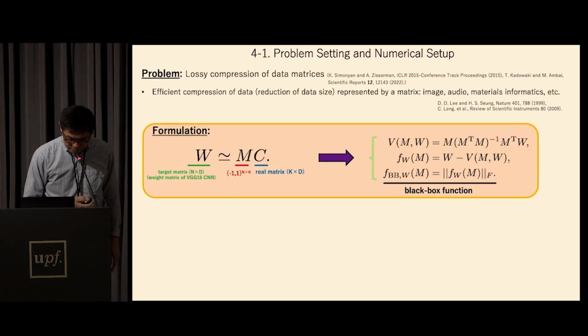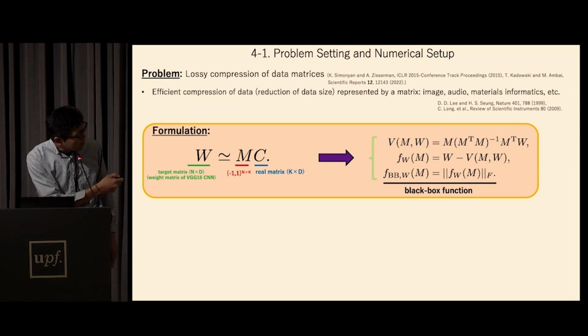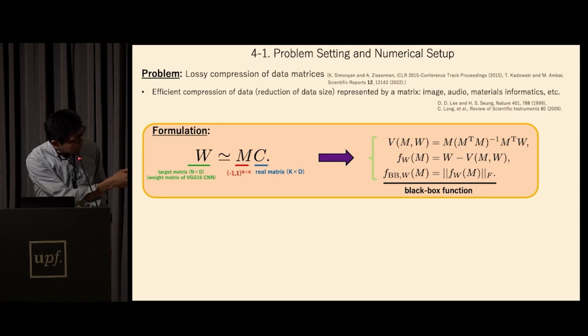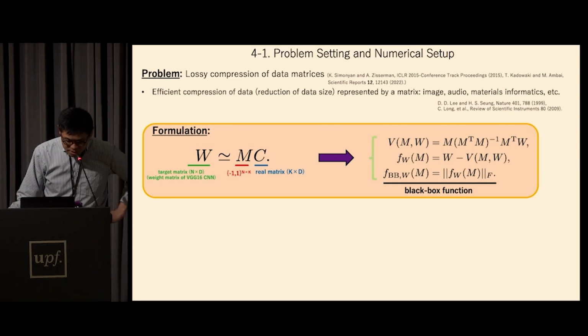Okay, next, let me describe how to mathematically describe this lossy compression of data matrices. So we are going to decompose this matrix W, which represents the information under consideration, into a product of integer matrix large M and the real matrix large C. And here we assume that all the elements of large M take either -1 or 1.